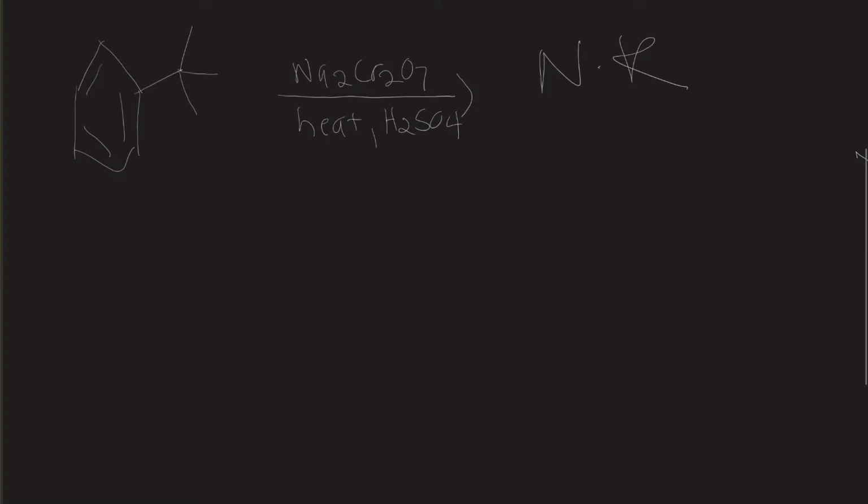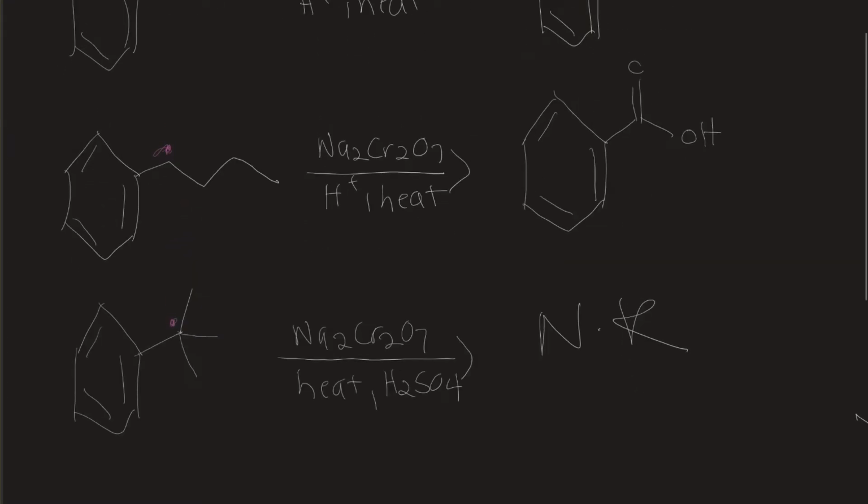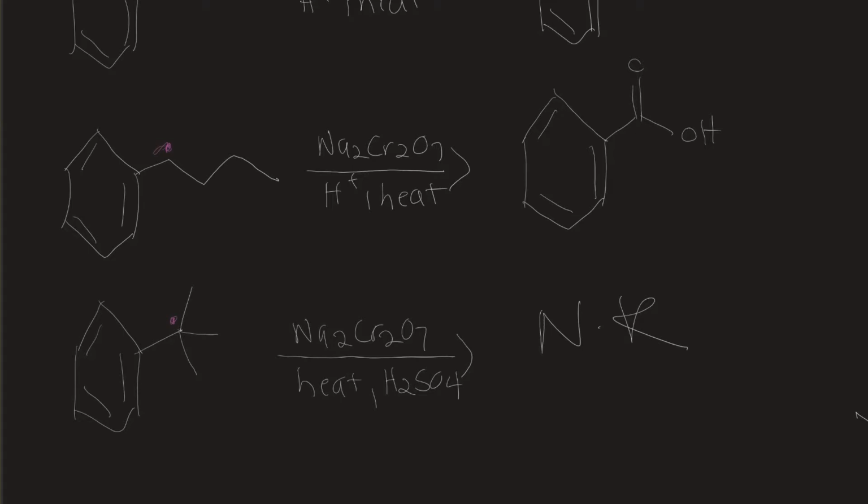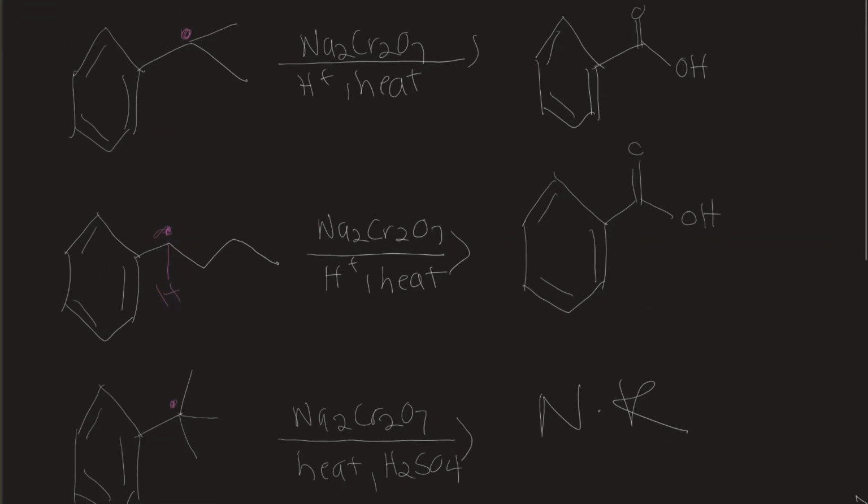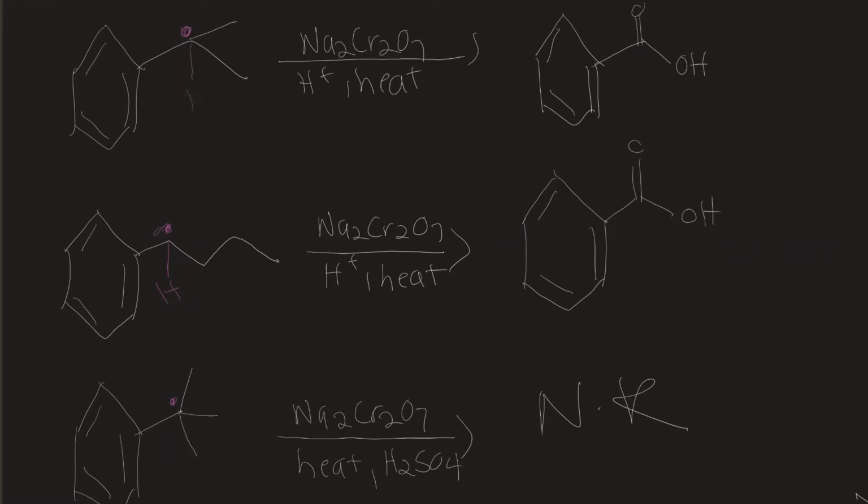So our benzylic position is right here. And there are 3 methyl groups attached to this carbon. So there's no benzylic hydrogen, like there's no hydrogen there. If you look at the other examples above, there is a benzylic hydrogen here and a benzylic hydrogen here.